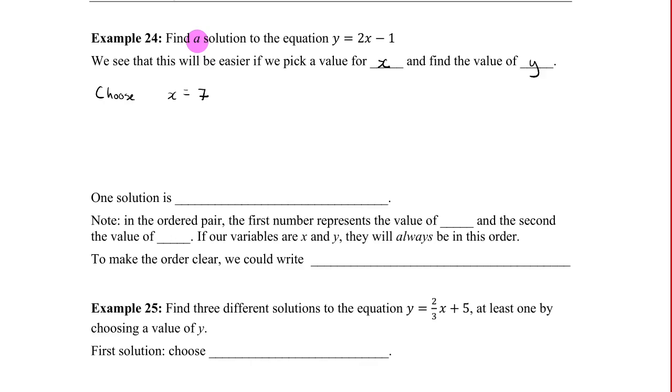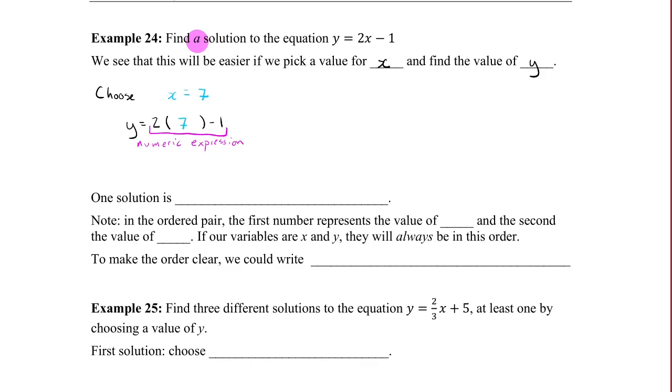Why does choosing a value of x make this easy? Well, now I'm going to take my equation and plug in that value of x that I just chose. And I see that the form of my equation now is y equals a numeric expression. So to find the value of y, I just need to take that numeric expression and evaluate it.